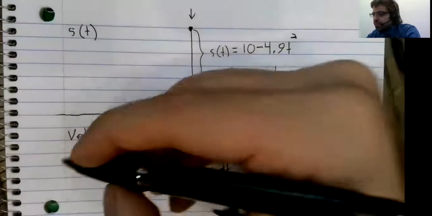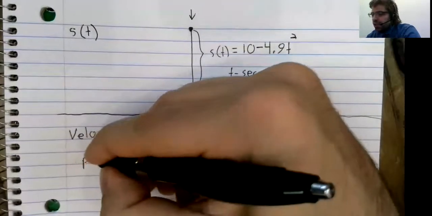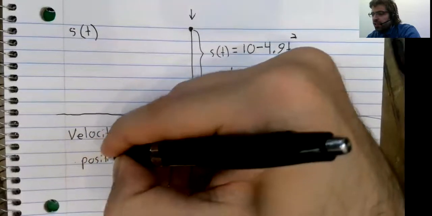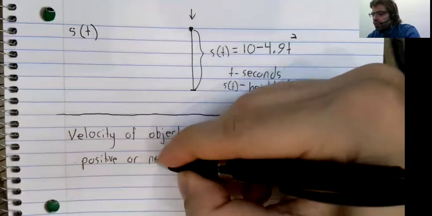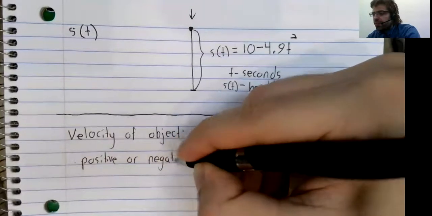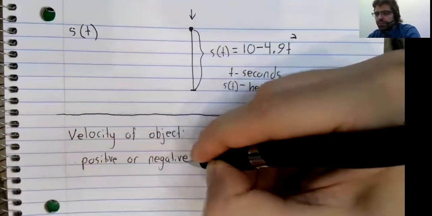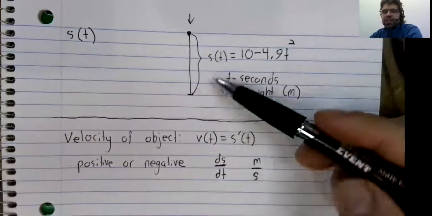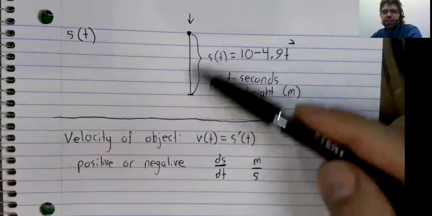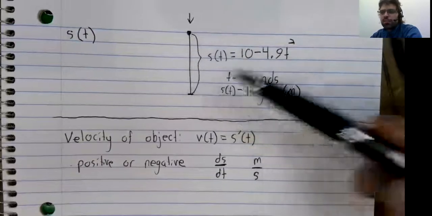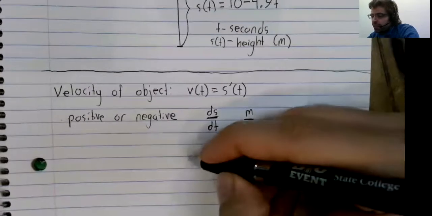Velocity can be a positive or negative. You've got a position function defined in terms of a number line.